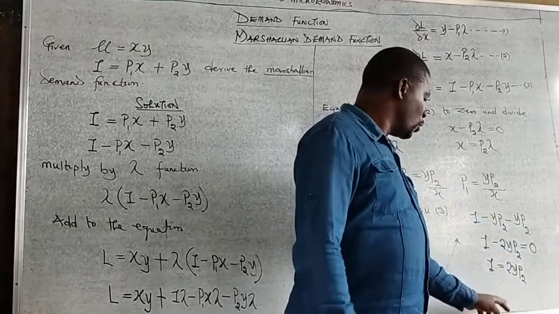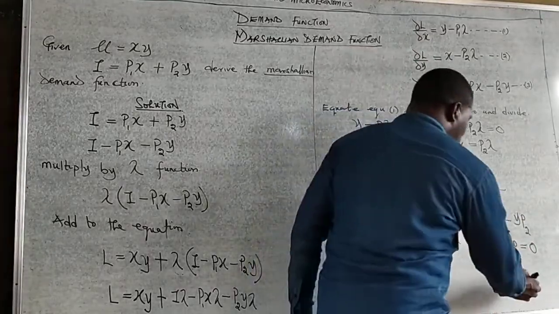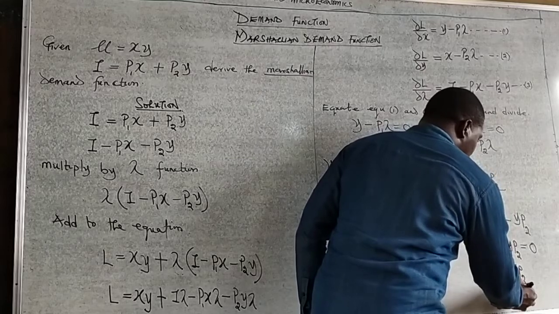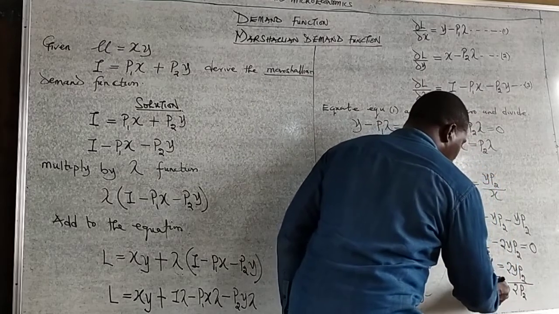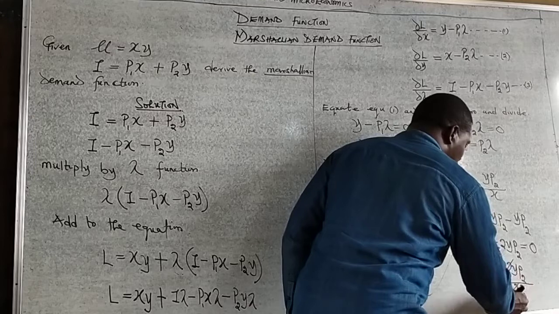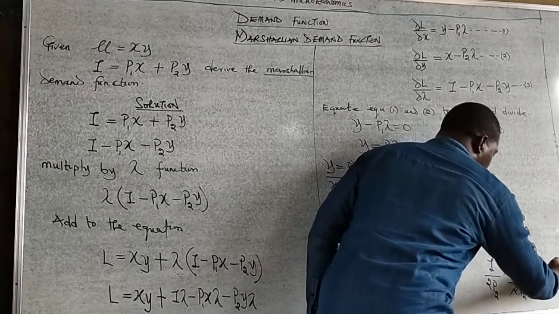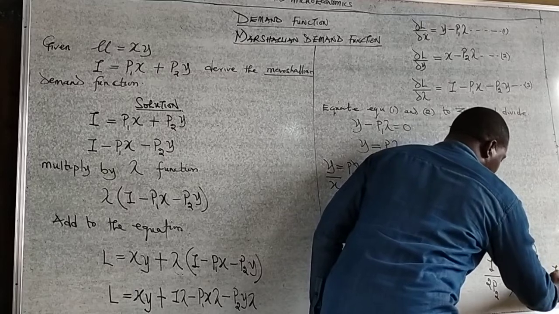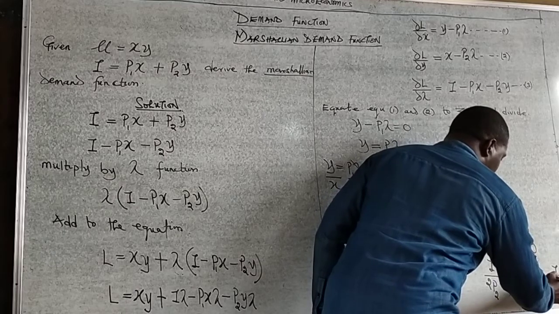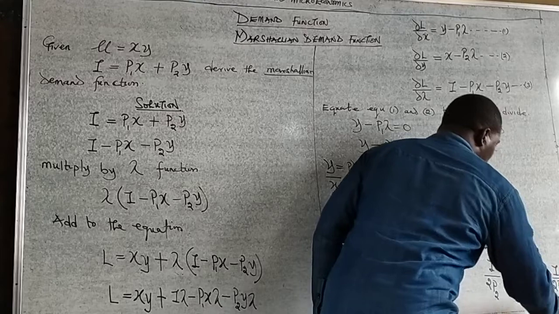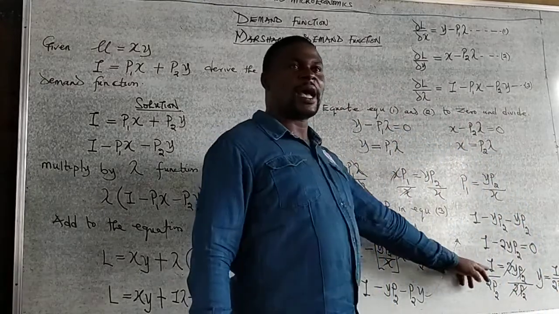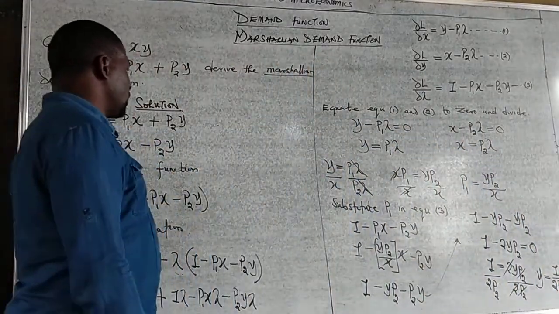So make y the subject of the formula. I'll divide both sides by 2 p2. So 2 will cancel 2, p2 will cancel p2. So y will now be equal to I over 2 p2. So I've gotten my y.